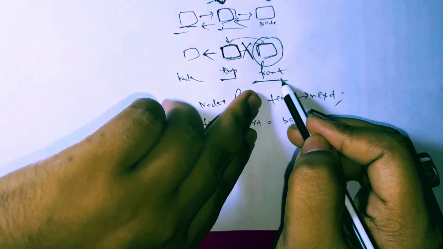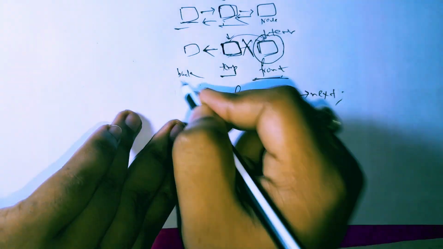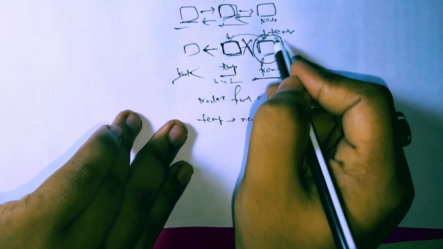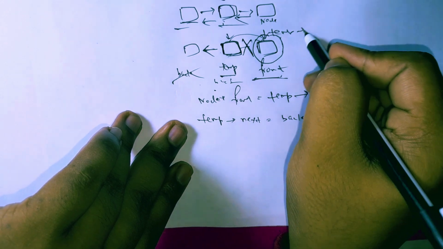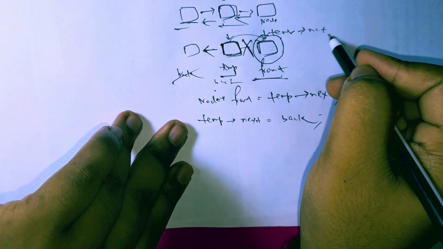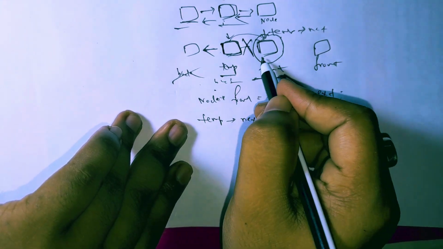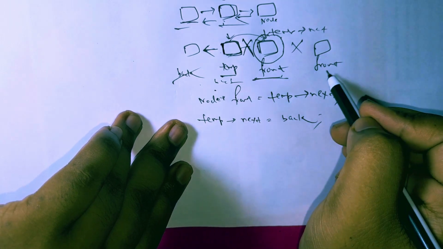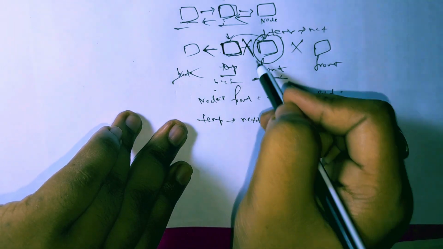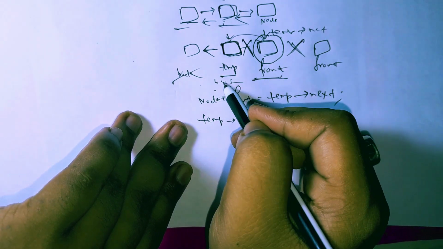Then you will jump to the next, where my temp will be here and my back will be here. By this, temp next will be back. Before that, temp next was your front, and you break that link, and do temp next equals to back.